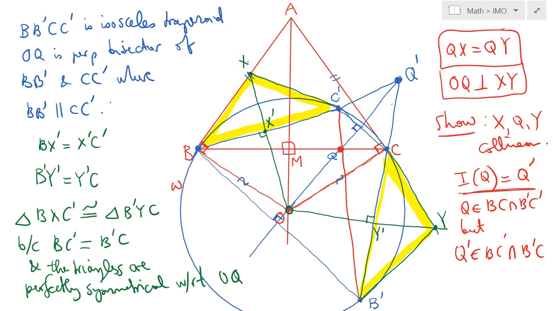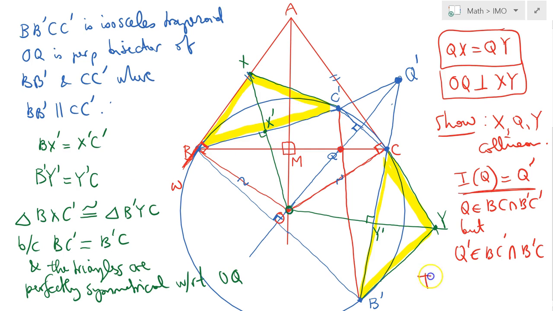And also in a similar way, it's not too difficult again to observe that X and X prime are also inverses of each other. And this one is even simpler because notice that X is at the point of intersection of the two tangencies to the circle at point B and C prime, and also X prime is on the line BC prime.